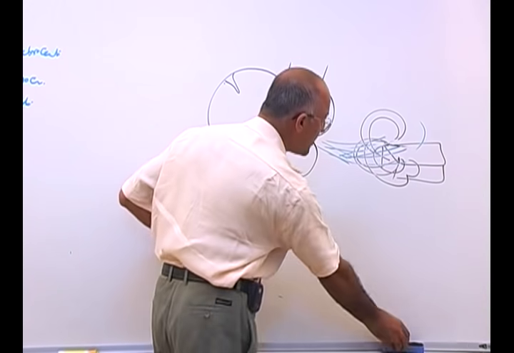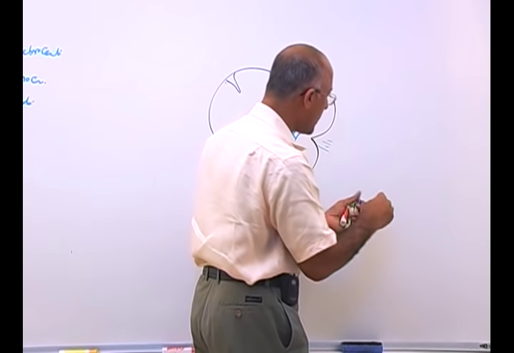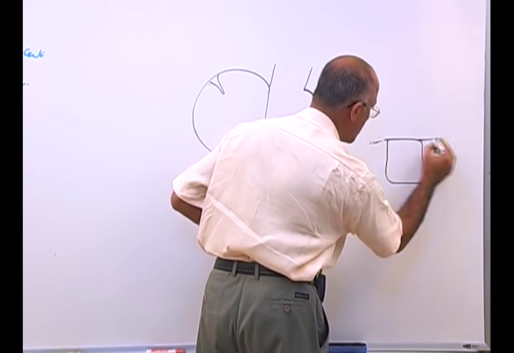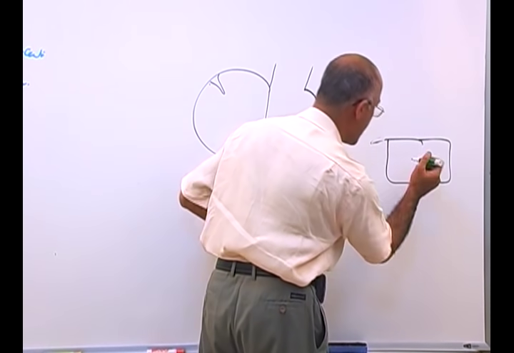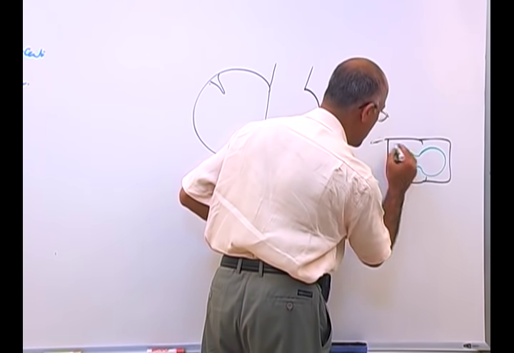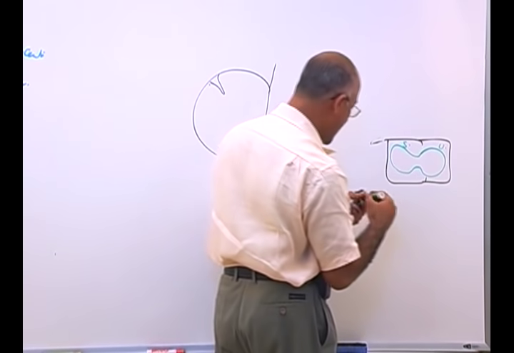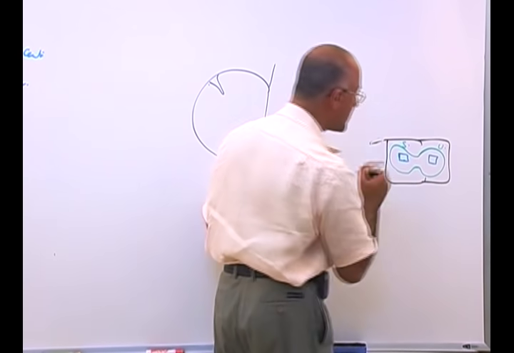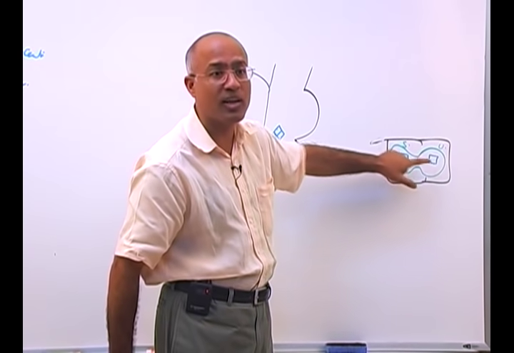But what is happening, if I draw it properly, is that in the vestibule there are the utricle and saccule. This is the utricle, this is the saccule. They have a special type of sensory epithelium, also called the otolith organ.